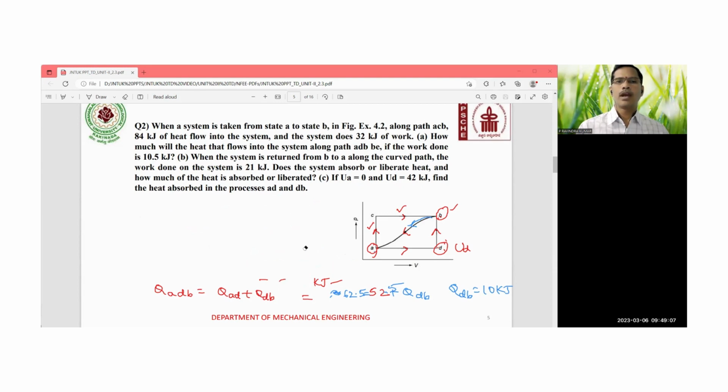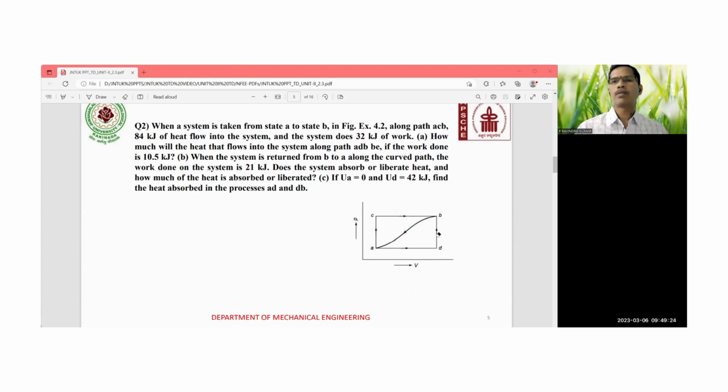When you are going to apply this, because what is meant by intensive property and extensive property, you should have good clarity on these properties, which one is the final state, which one is the initial state, and whether the process is a compression process or an expansion process.